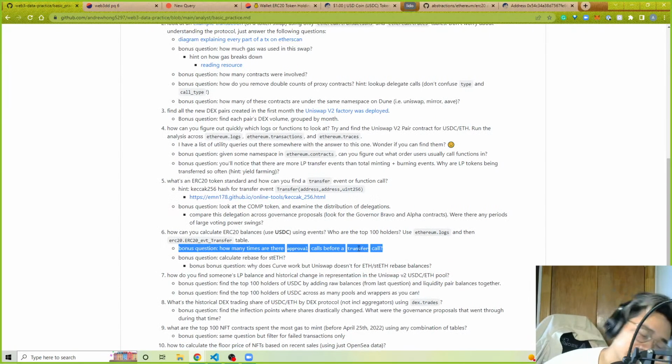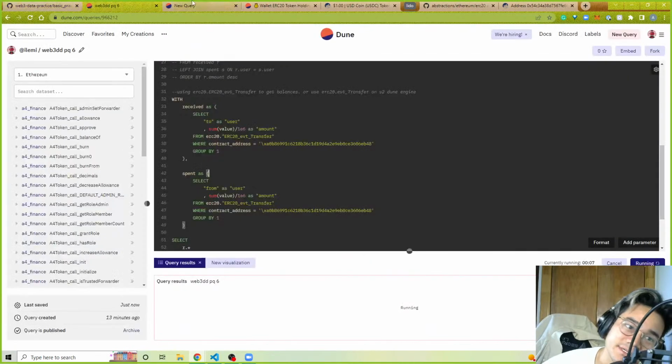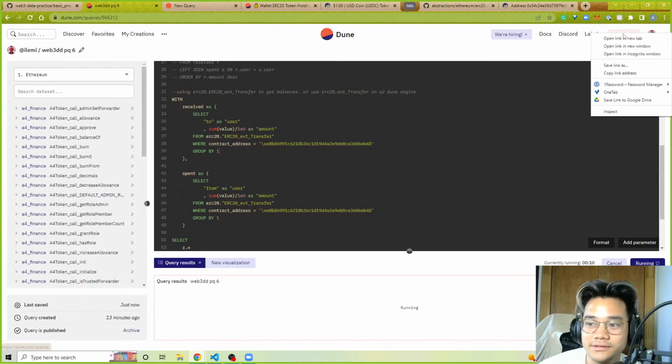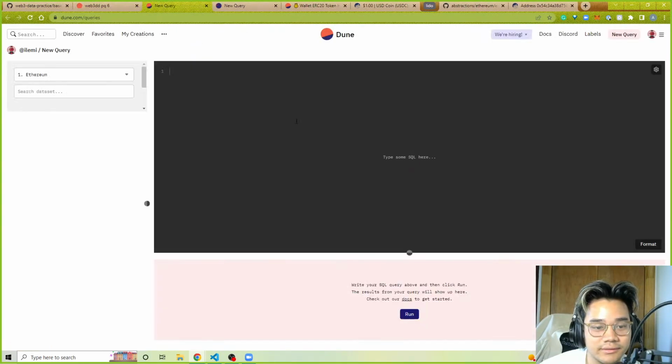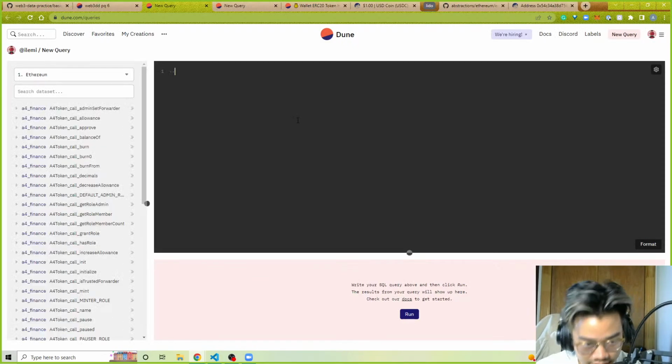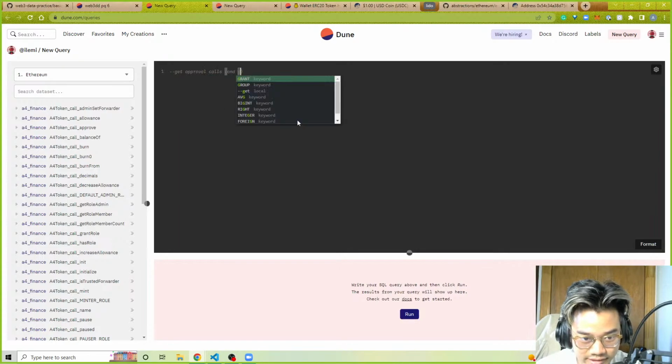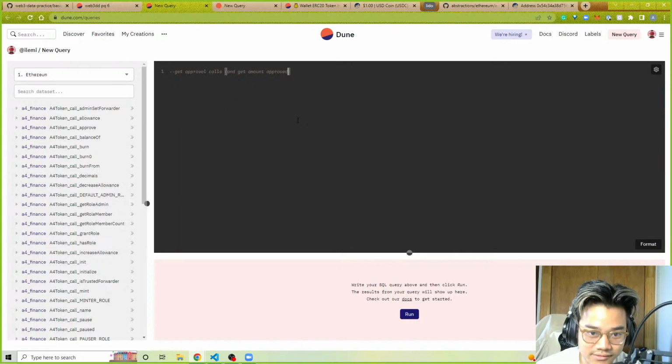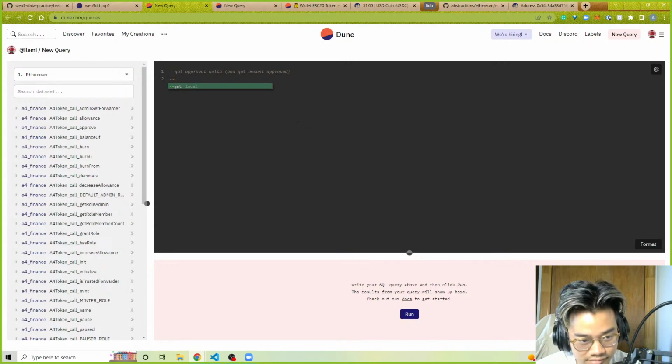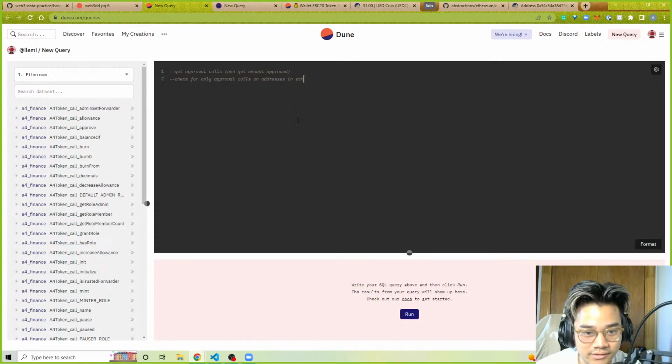So approvals before transfer calls. I think the easiest way to do this is, we need essentially 3 steps. We need to get approval calls and get amount approved. Check for only approval calls on addresses in the Ethereum.contracts namespace.